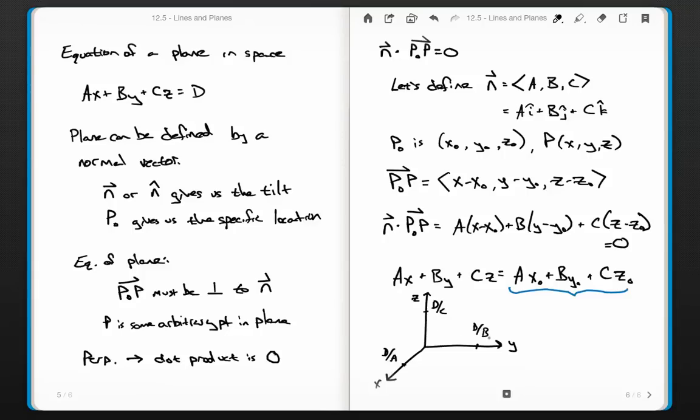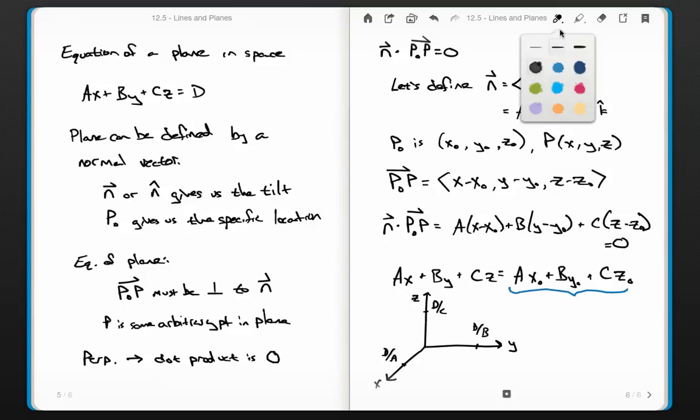So the bigger d is, the farther these three intercepts are from the origin. So d really defines where my initial point is. Just like over here, d is defined by the tilt, which is a, b, and c, and where my initial point is.